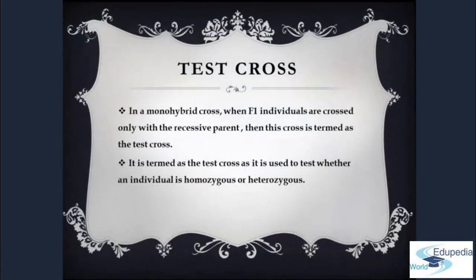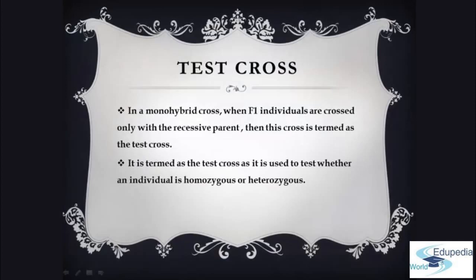Next we have the test cross. In a monohybrid cross, when F1 individuals are crossed only with the recessive parent, then this cross is termed the test cross. The most important point here is that in case of the test cross, only the recessive parent is considered.